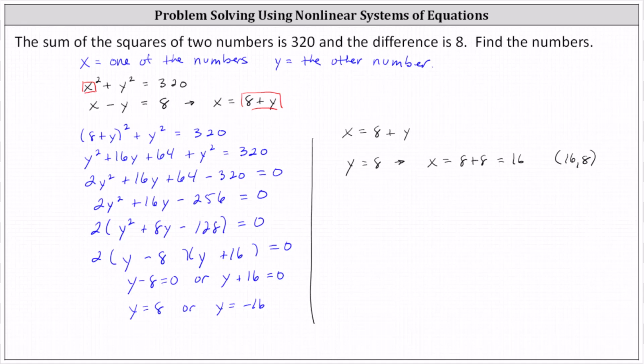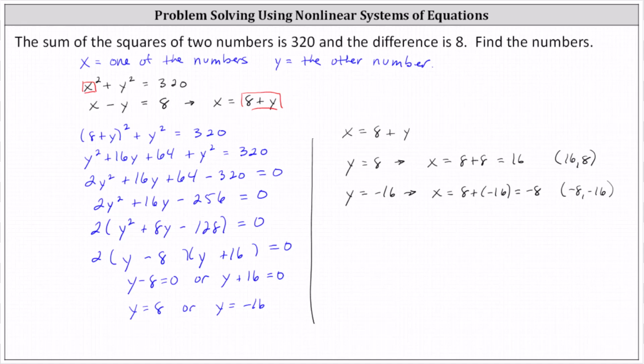And now let's find x when y is equal to negative 16. When y is equal to negative 16, notice x equals 8 plus negative 16, which equals negative 8. A second solution is y equals negative 16 and x equals negative 8, or as an ordered pair negative 8 comma negative 16. This indicates we do have two solutions.